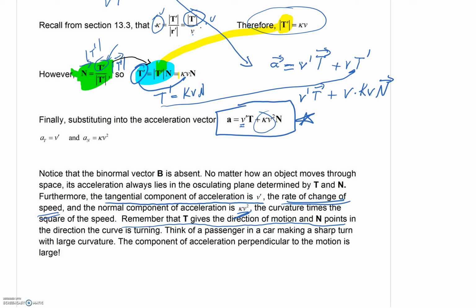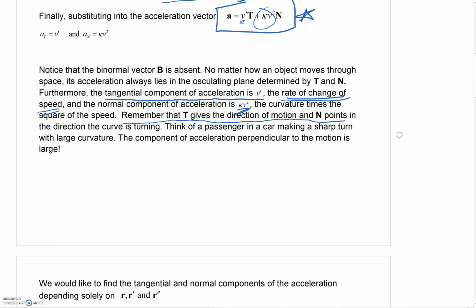Think of a passenger in a car making a sharp turn with large curvature. The component of acceleration perpendicular to the motion, in the normal direction, is large. And that's why you can see people and objects being thrown inside the car, feeling that force as they are making a hard, sharp turn.